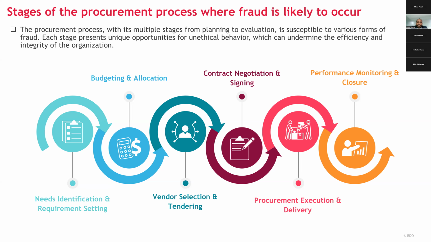Some of the preventative measures that you can have here to minimize the risk of fraud: one, you can ensure that all contracts are reviewed by legal experts, and that contract terms are standardized as much as possible. A lot of the big nonprofits usually have a legal team. Some of the small ones do not, but you can standardize your contracts to make sure that regardless of what you're contracting on, the terms are as standardized as possible to make sure that it is equal.